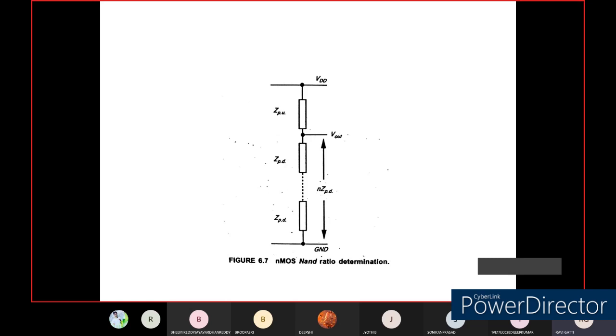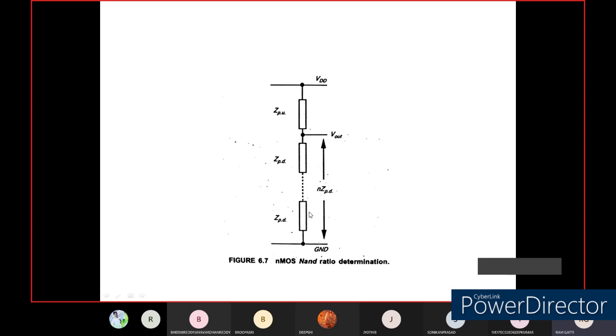In order to do that, in the highlighted diagram you can see we have ZPU, the pull-up transistor, and at the bottom we have the pull-down transistors. In the NAND implementation, the resistance, that is the impedance, is exerted by the depletion mode transistor.